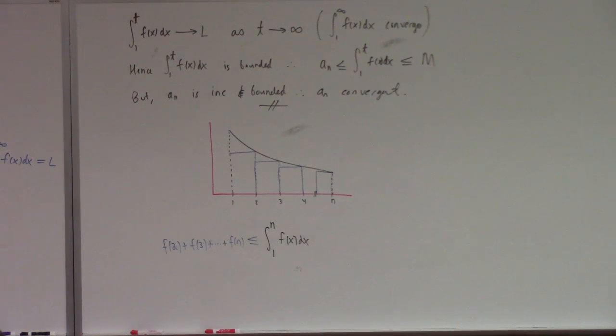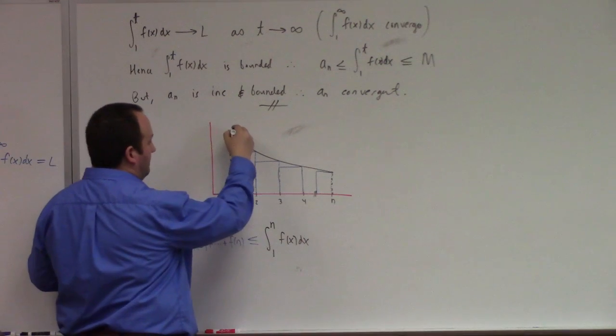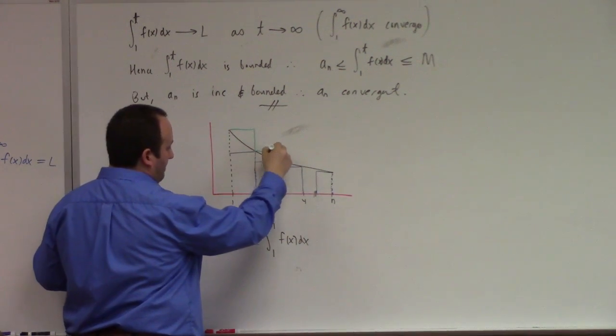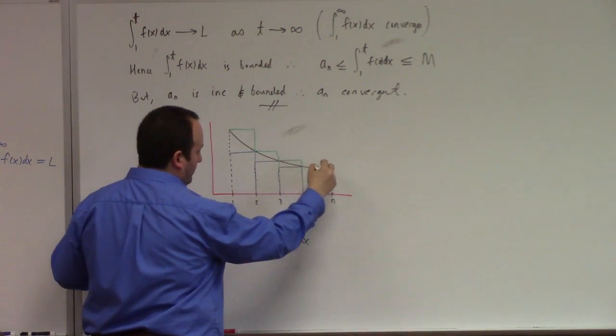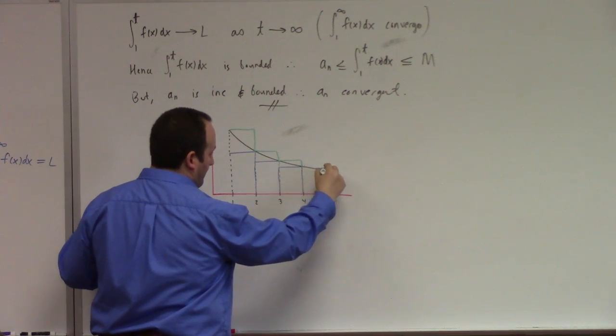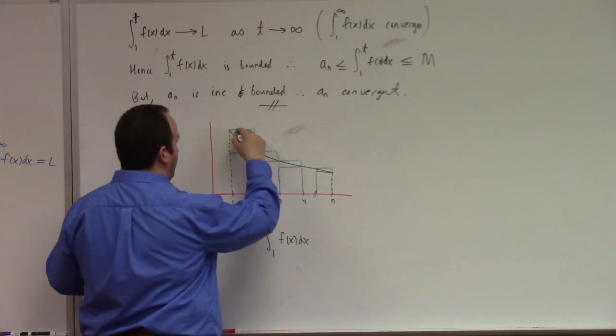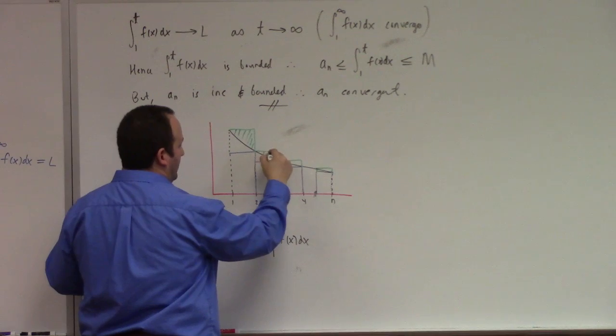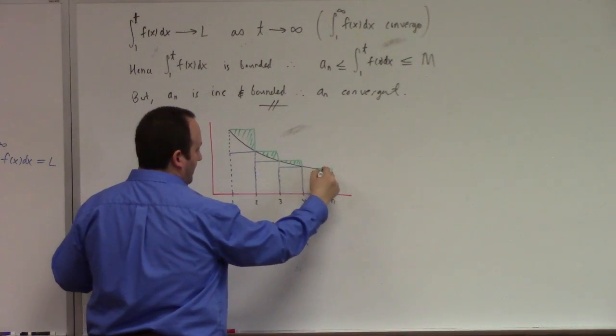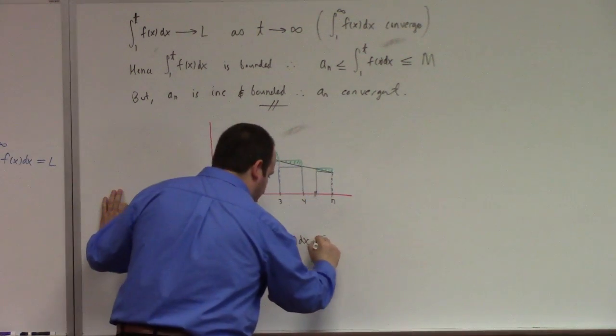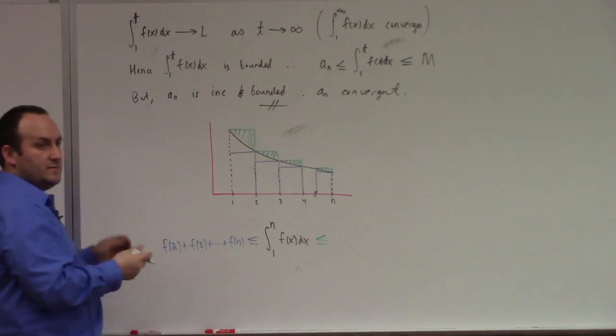But on the other hand, you can just as well draw these boxes, right? And now you've got an overestimation, right? So that's greater than or equal to the integral.